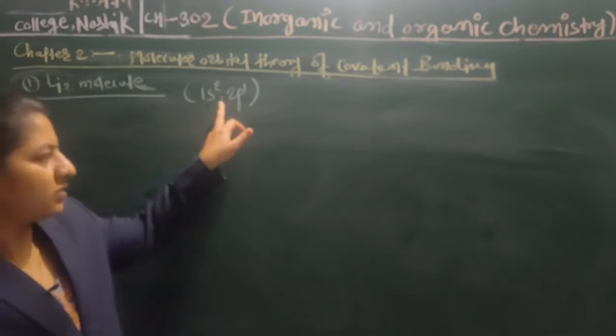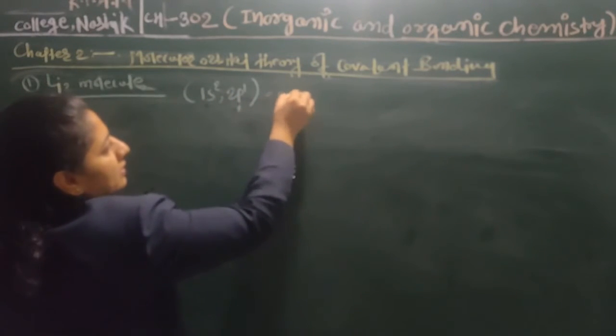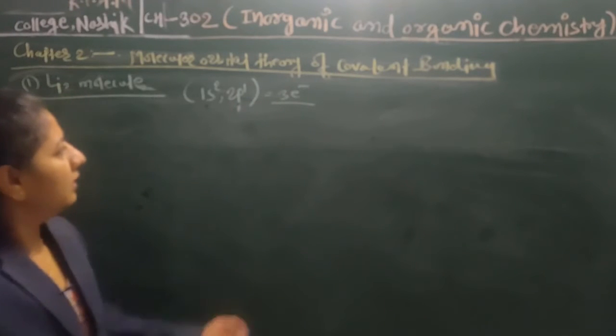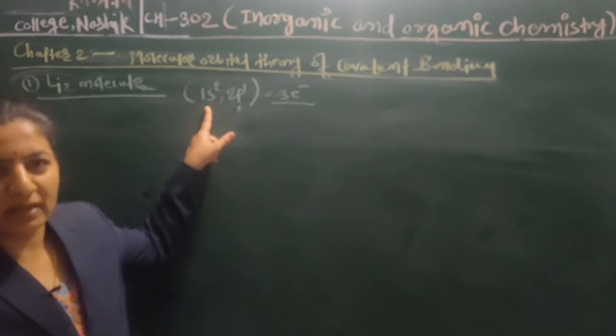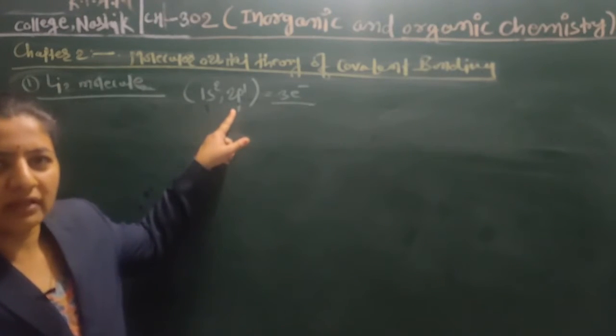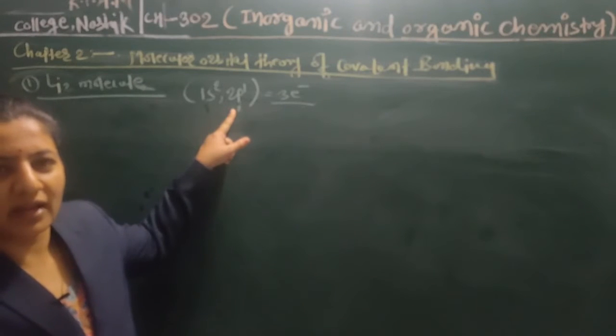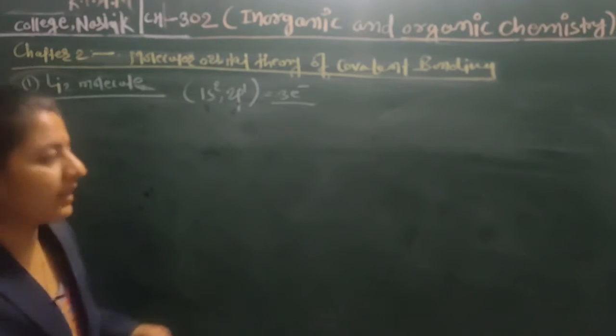So these are 3 electrons in total. The 1s orbital is a low energy orbital which cannot take part in bonding, but the 2s orbital takes part in bonding. So let's discuss the bonding and anti-bonding molecular orbitals of lithium with respect to the MO energy level diagram.